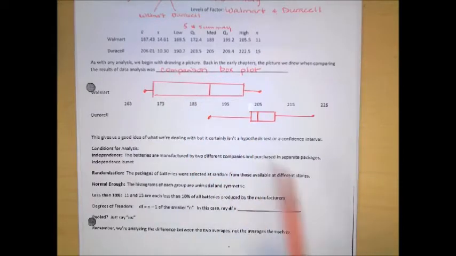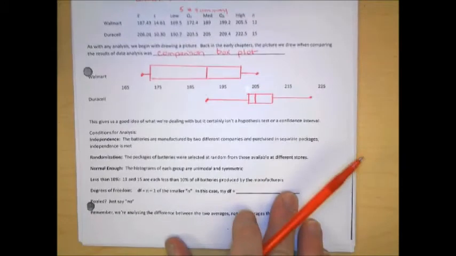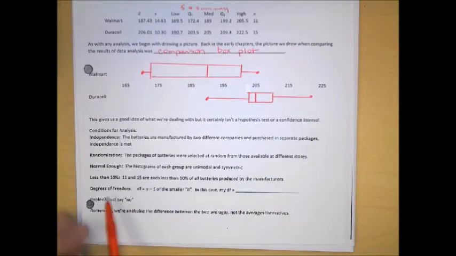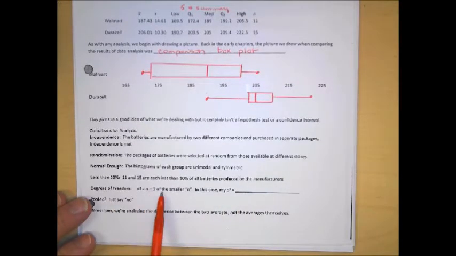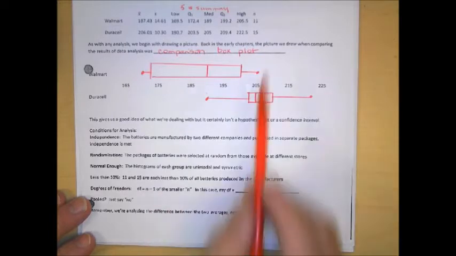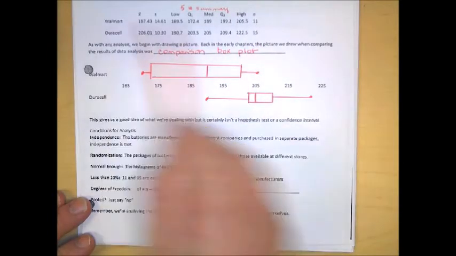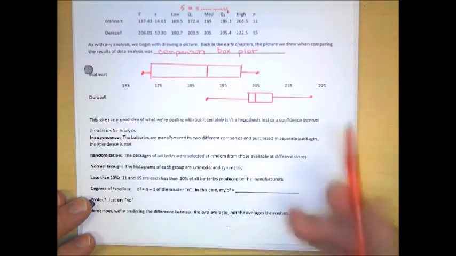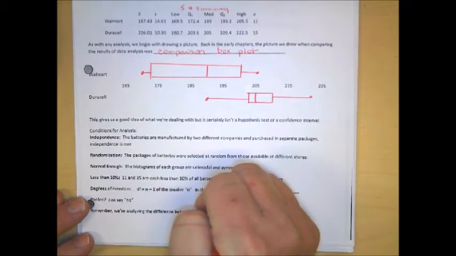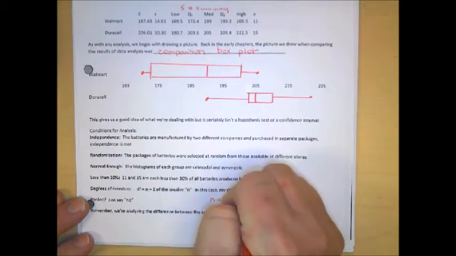Degrees of freedom. If it's a t-test, I'm going to need degrees of freedom. So degrees of freedom are going to be n minus 1 of the smaller n. Now, the Walmart batteries had 11 trials. N equals 11 and 15.